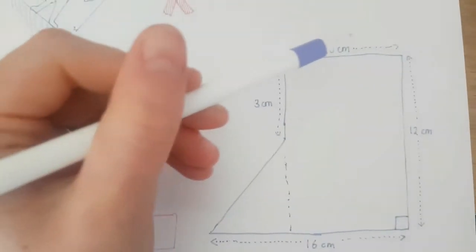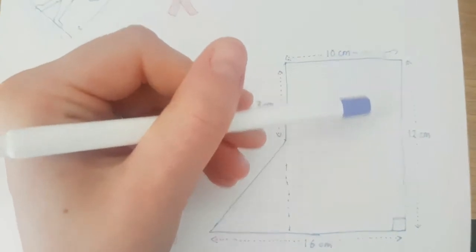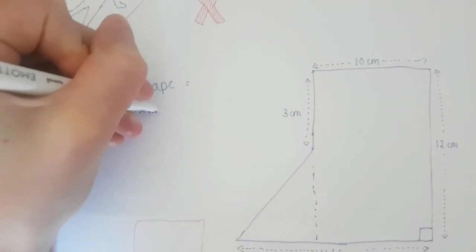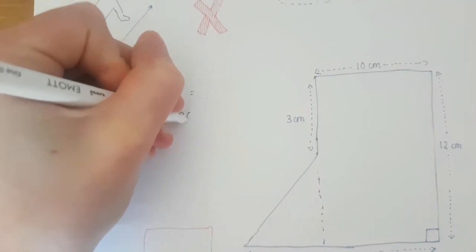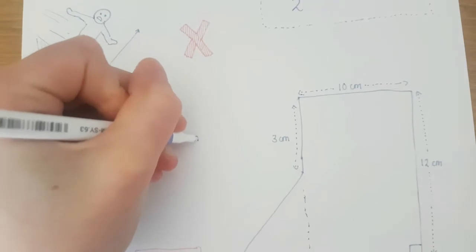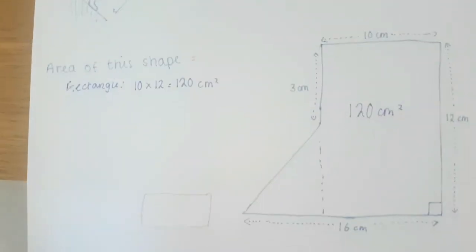So for this rectangle here, I can just do 10 centimeters, this base, multiplied by my 12 centimeters here. So if I do 10 multiplied by 12, I get 120. And remember our units are centimeters times centimeters. So centimeters squared. So I'm just going to fill that in there so I know this part.